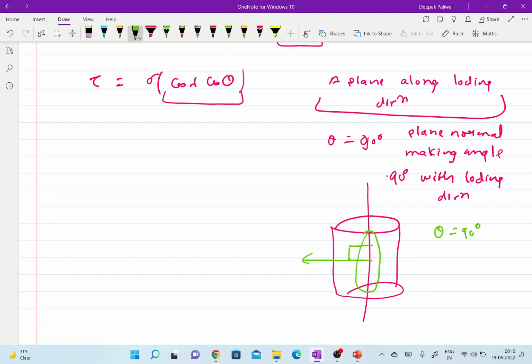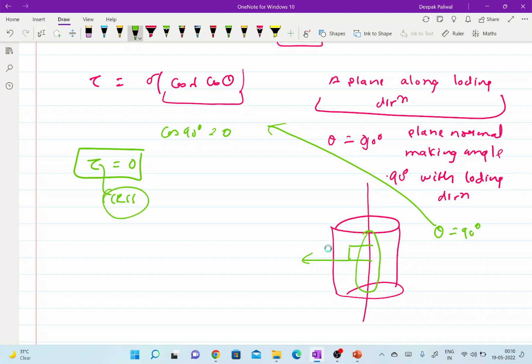If I put this value into this equation, we know cos 90 degrees is equal to 0. So tau becomes 0, meaning the resolved shear stress for this particular plane becomes 0. So applying the stress sigma gives 0 resolved shear stress, which means the deformation on that particular slip system would not happen.